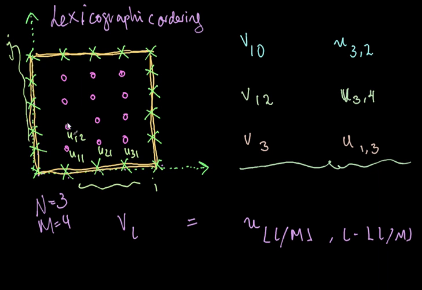Oh my god, this is so hard. u13, u14, u24, u34, u33, u32, u31, which I already have, and then u23. Okay, so that's the indexing we're used to here.